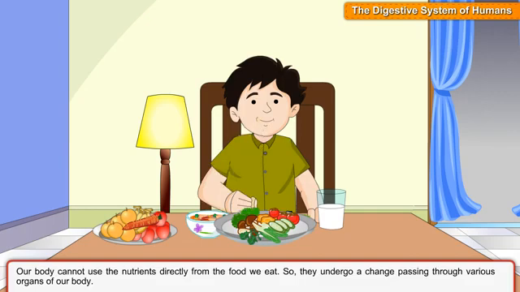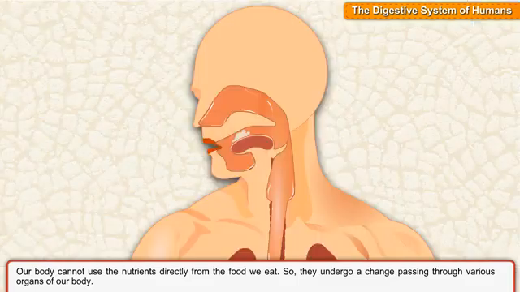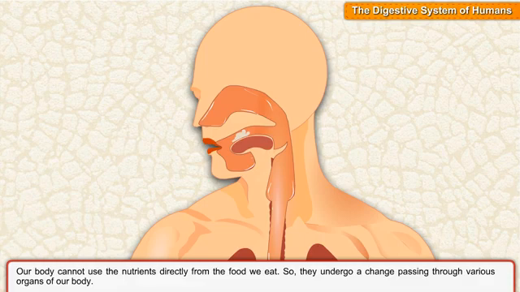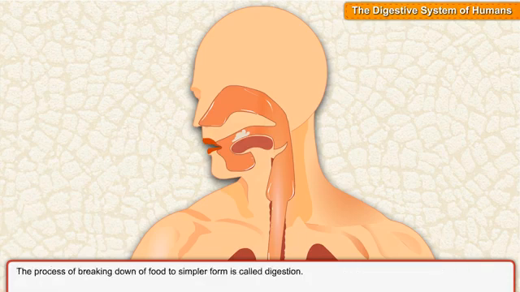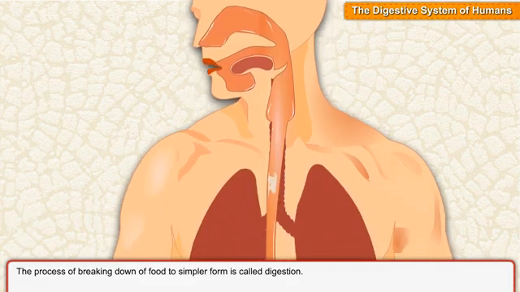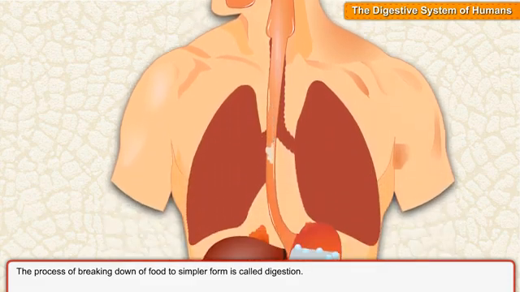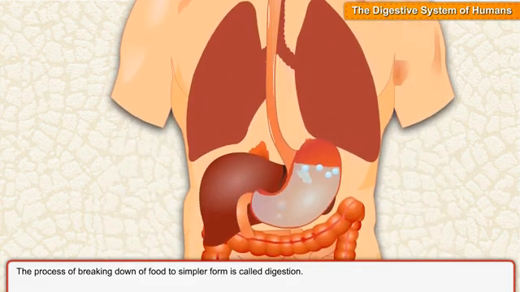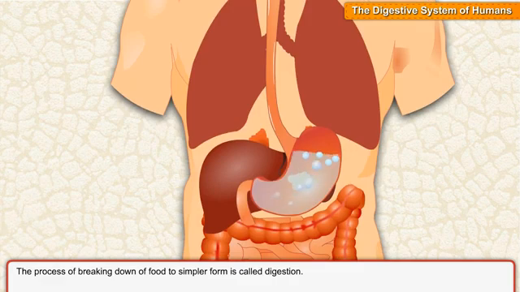Pharynx. The pharynx is the part of the throat immediately below the mouth. Food pipe or esophagus. The part next to the pharynx is called the esophagus or the food pipe. Stomach. The esophagus leads to the stomach, which is a hollow container that holds food.